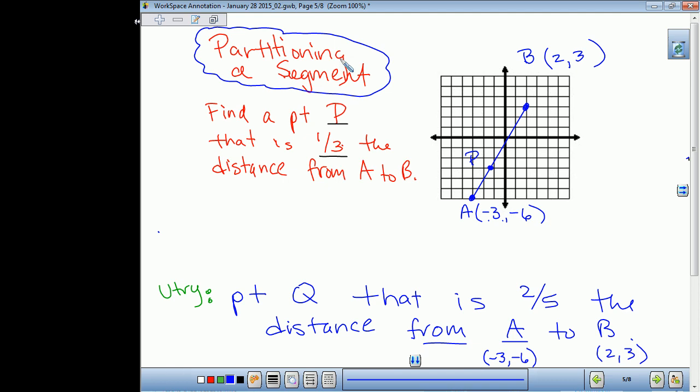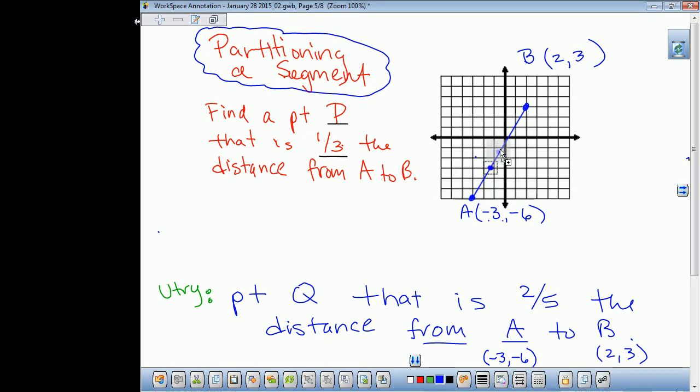All right. So for our first problem, we are going to take this line segment AB, and we're going to find some point P along the way. Where is P along the way? Is it here? Is it here? Where is this point P that would divide this line?